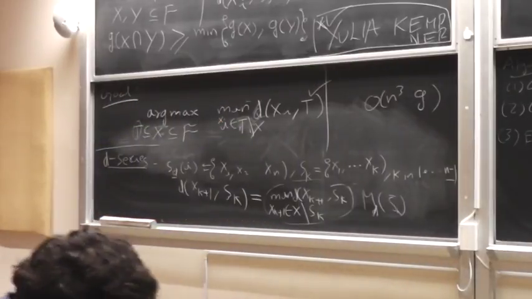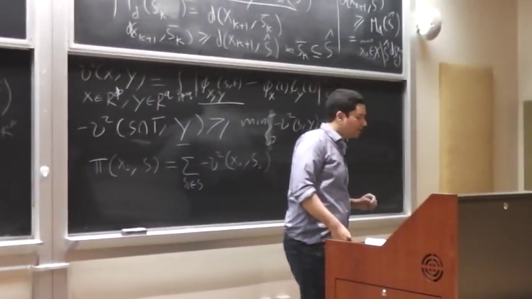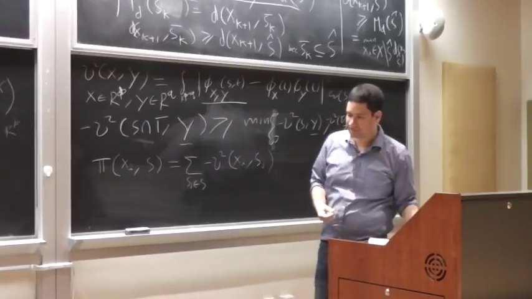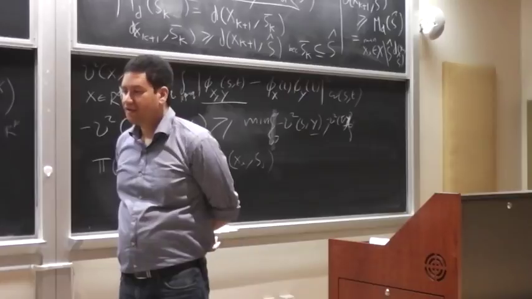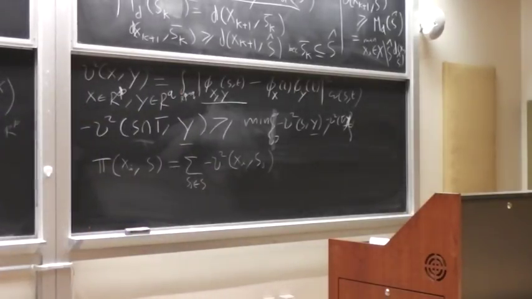And to prove that this is a quasi-concave set function, I'll spend a minute maybe on a very interesting inequality. There's a story to it. It was published in Analysis Statistics with regards to this inequality, and there was a small mistake.